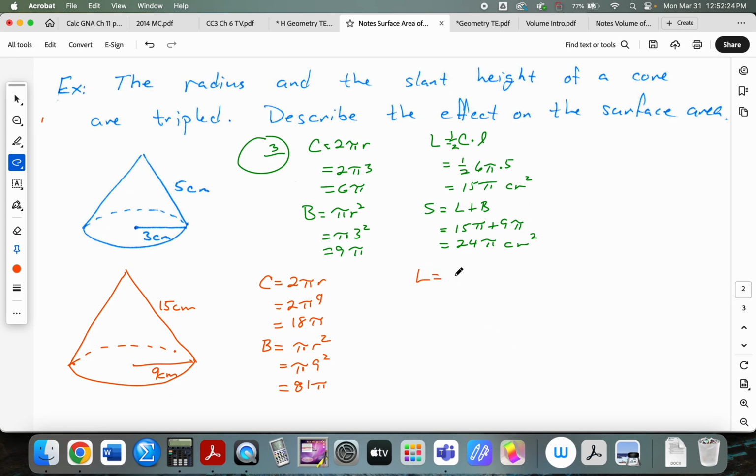So the lateral area is half of the circumference times the slant height. So it'll be half of 18 pi times 15. Let's see, 9 times 15 is 135 pi square centimeters.